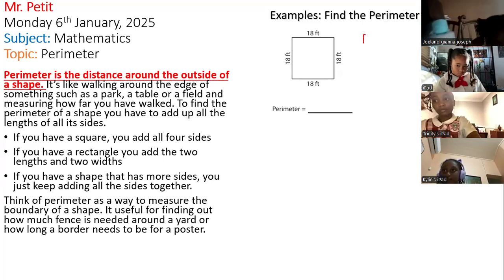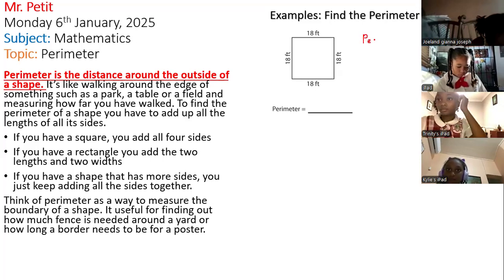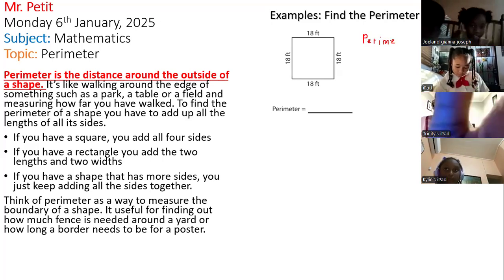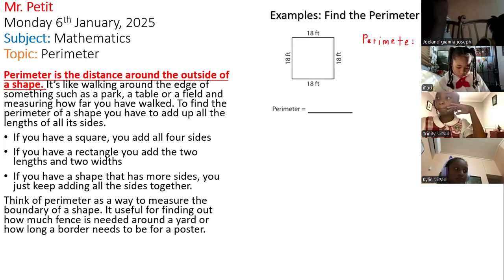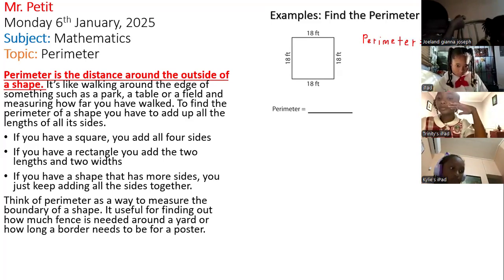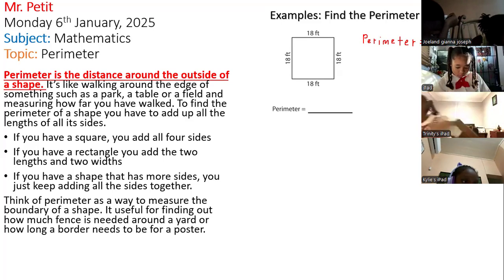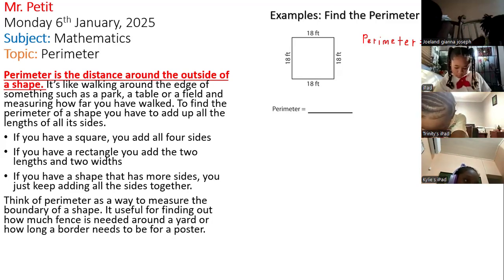So the perimeter is going to be equal to 18 feet plus 18 feet.